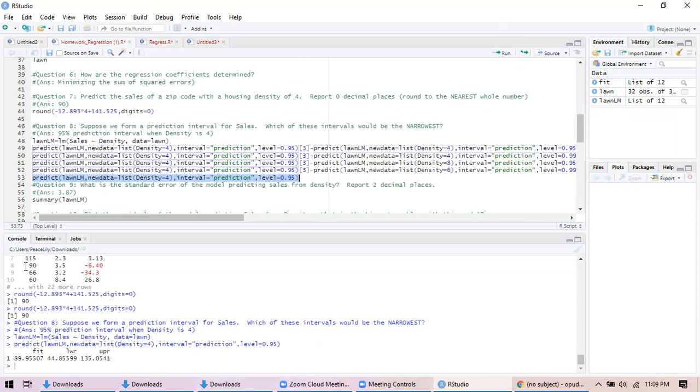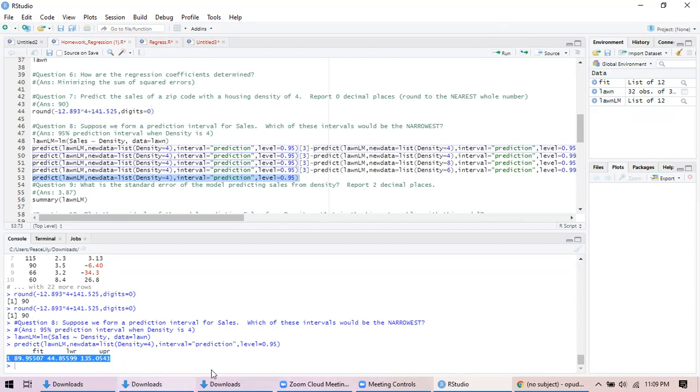Okay, so do you remember looking at these three values? The prediction interval is the one at the bottom. Not that one, it's this guy at the bottom. Do you remember looking at this? Yeah, that guy.